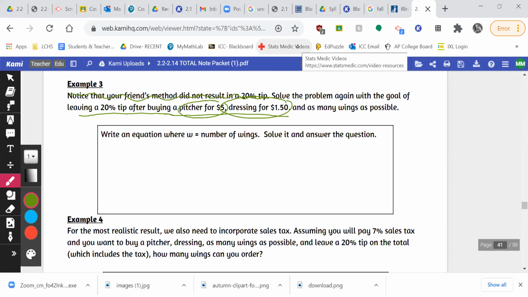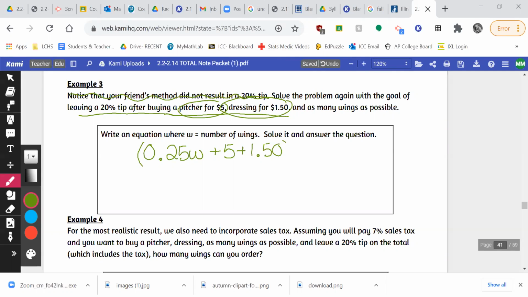So the tip is going to be applied to everything. So we're going to have our 0.25W with the $5 pitcher, with the $1.50 for the dressing, and it will be all equal to $20. We do need to apply a tip though, and our tip is going to be an increase.